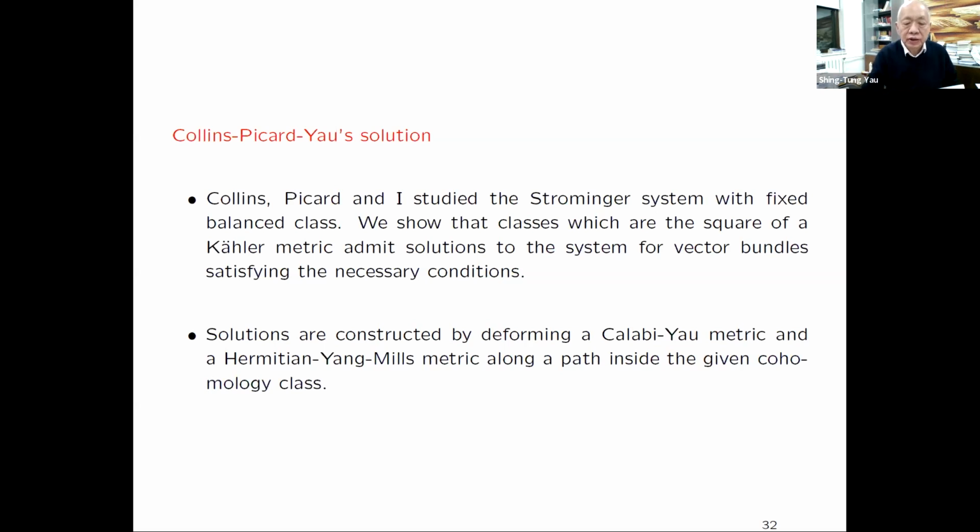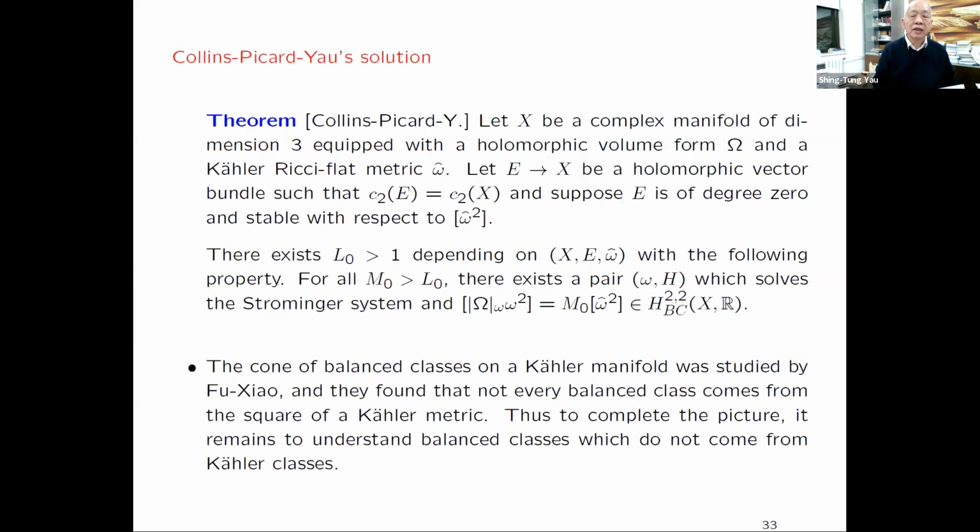So this is interesting, and let me write down the theorem. Given X, a complex manifold of dimension 3, equipped with a holomorphic vector bundle, a volume form, and a Kähler Ricci-flat metric. So this manifold is Kähler, Calabi-Yau.